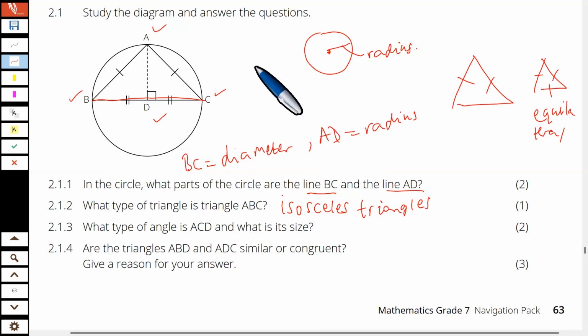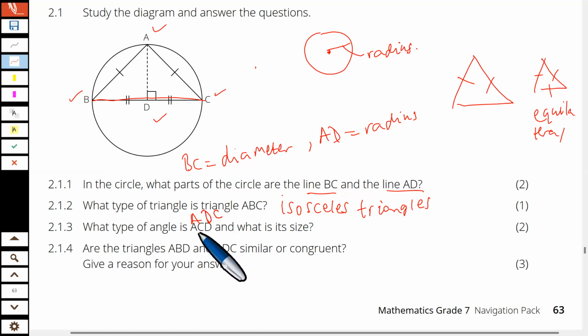Okay, when you're looking at the angle ACD, they made a mistake here.